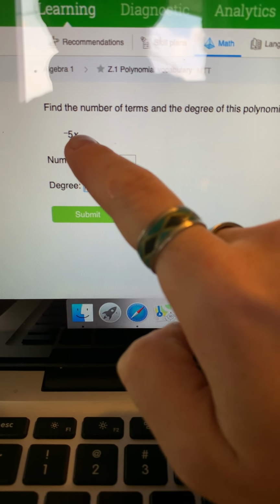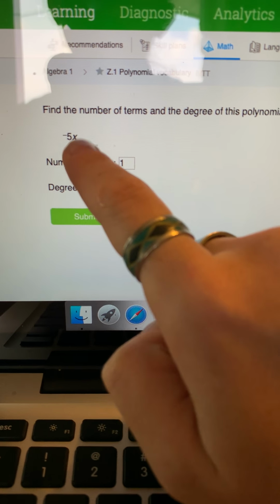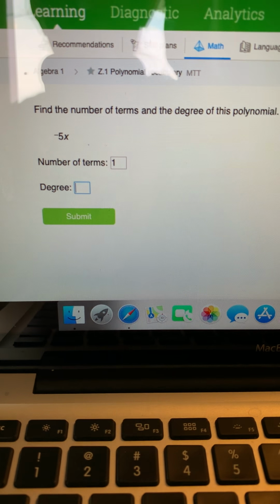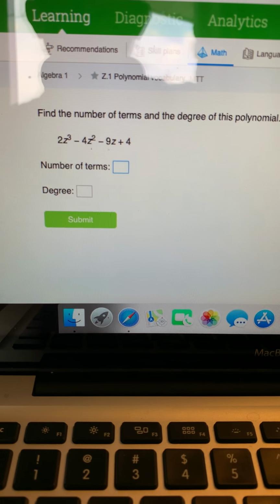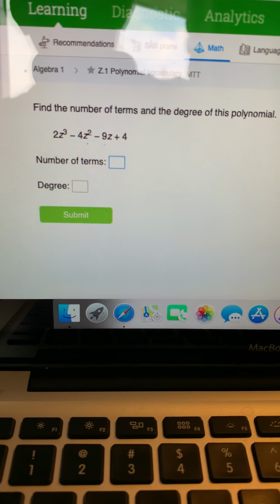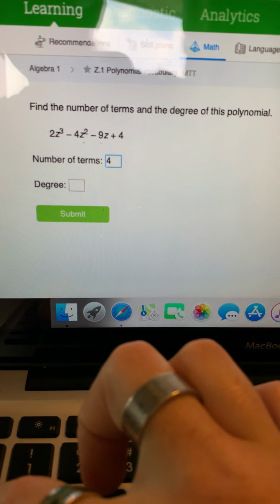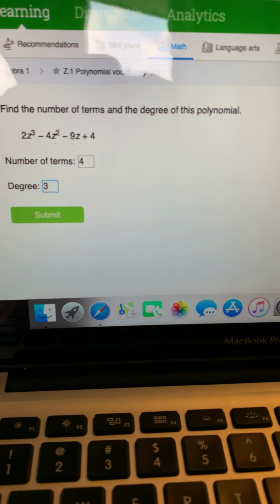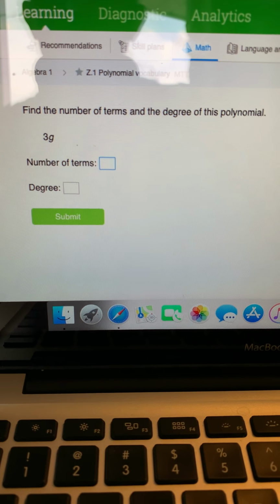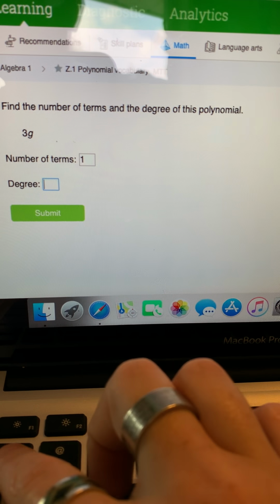Degree is the exponent. It doesn't look like there is one here, but what exponent can you always put on an x? A 1. So that is the degree. It is first degree. How many terms are there? There are 4. What is the degree? The degree is 3. Number of terms 1, degree 1.